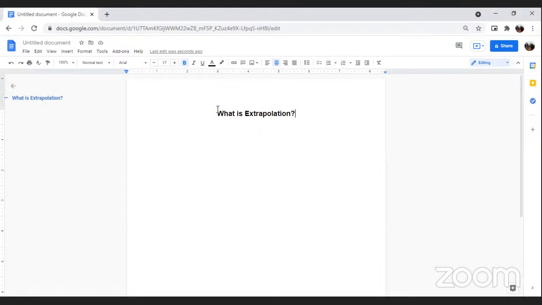Now that we have discussed interpolation, now let's discuss extrapolation.